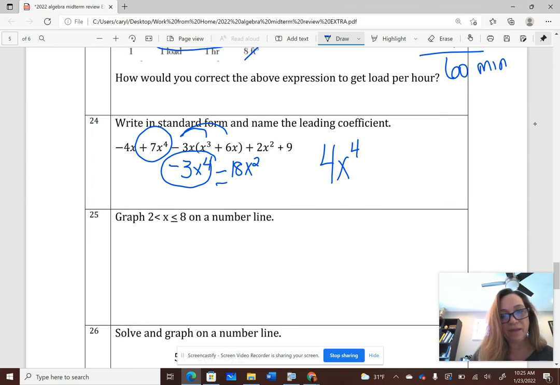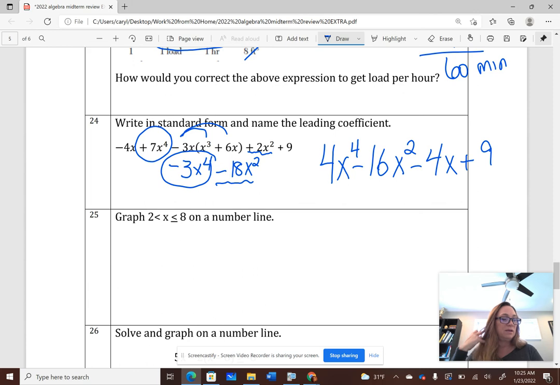And now the negative 18x squared and the positive 2x squared become negative 16x squared. And then I've got that 4x and I've got that plus 9. So that would be standard form, and 4 would be the leading coefficient.